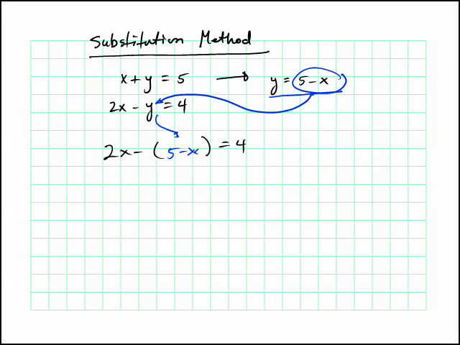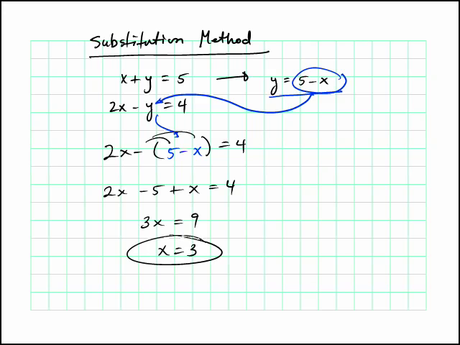Now what this does is it creates an equation that only has one variable in it, and I can now solve for that variable. So let's do that. I have to distribute the negative sign: 2x minus 5 plus x equals 4. 3x will equal 9, and x will be 3.